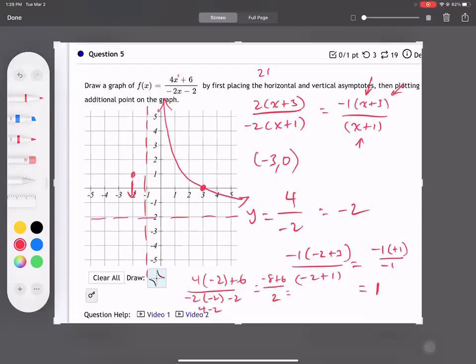This becomes -2 over 2, which is -1. I'm confusing myself here. That's -2 plus 1, which is -1. And -2 plus 3 is +1 times the -1. Where did I mess up?